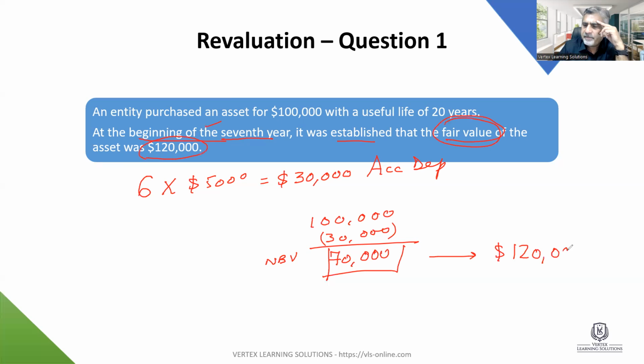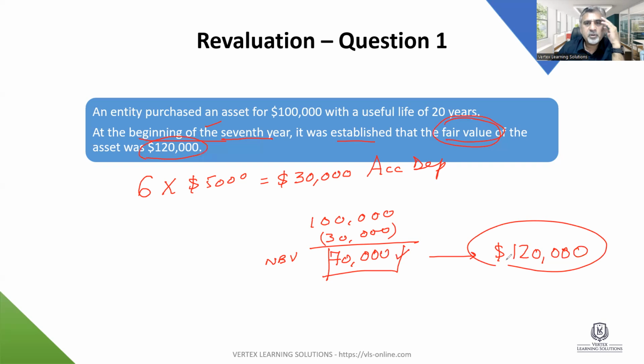So what is happening? You come to me, you show me this piece of paper. You say, sir, this is the balance sheet and it has an asset of 70,000. And I say, what are you talking about? 70,000? I just checked in the market, it is 120,000. So you are understating the asset.